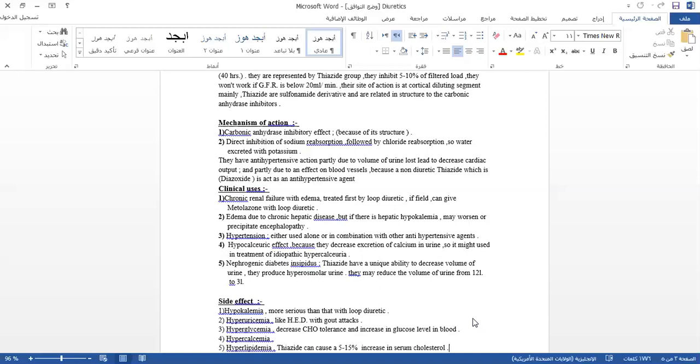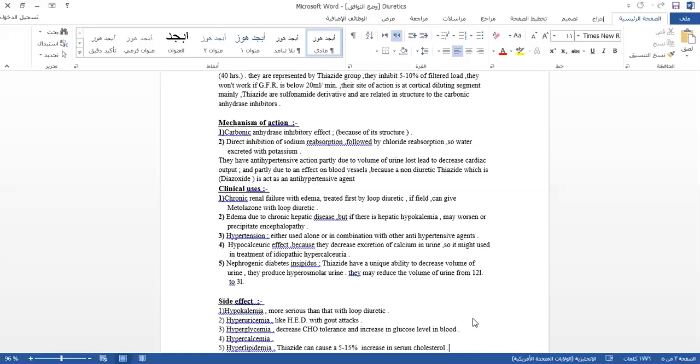Nephrogenic means the antidiuretic hormone ADH is produced from the posterior pituitary gland, but its receptors in the collecting tubules do not respond to its presence by increasing permeability of these ducts and tubules to water, and thus lead to polyuria, increased volume of urine, due to a defect in the receptors in the renal tubules and renal ducts.